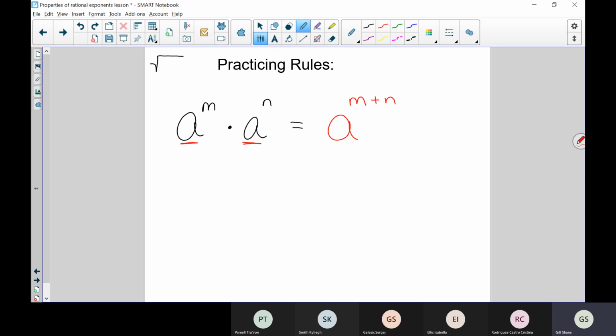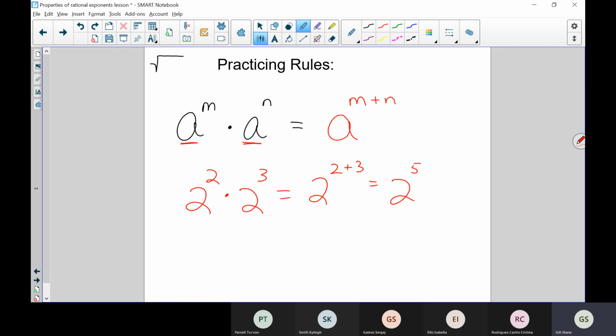So for example, if I have this problem right here, again, I always use 2's. So 2 squared times 2 to the 3rd. The rule says, because I have the same base, which is the 2, I can just put the base number and then say 2 plus 3, and that would give me 2 to the 5th.